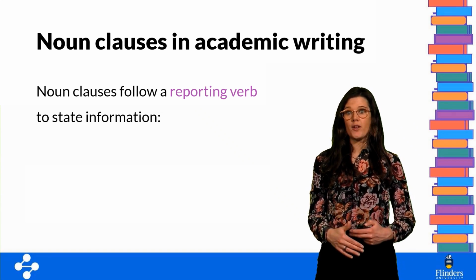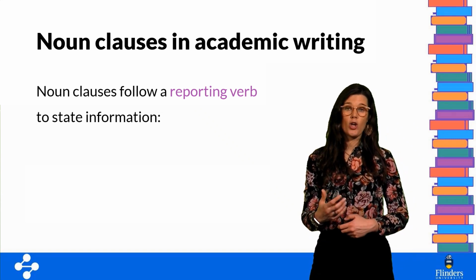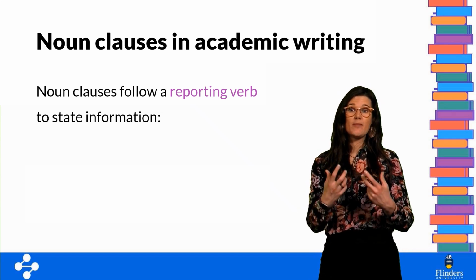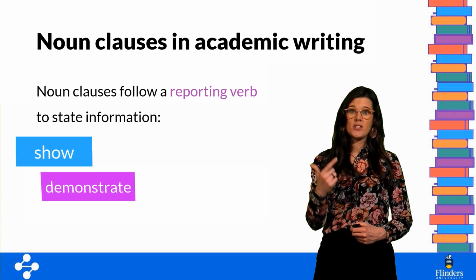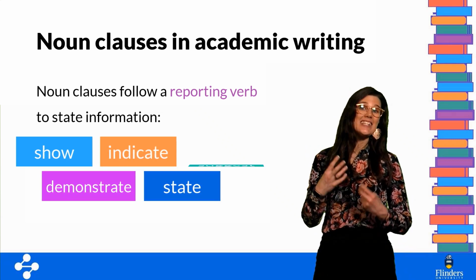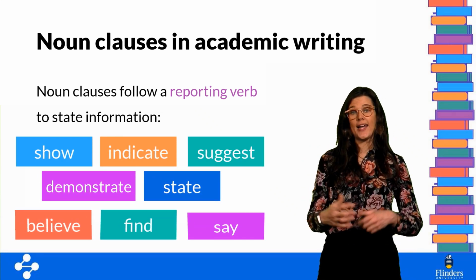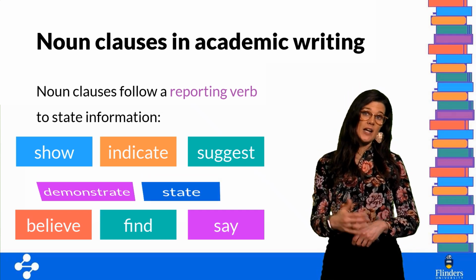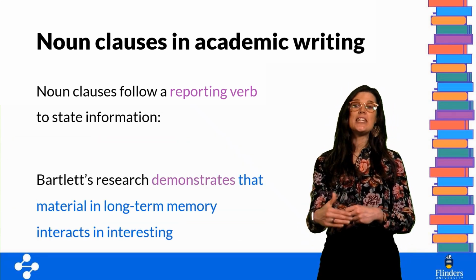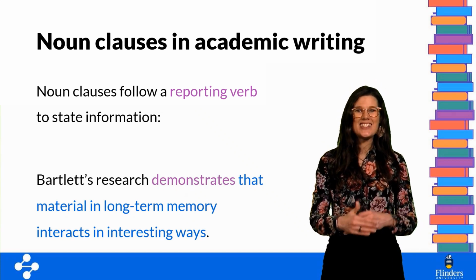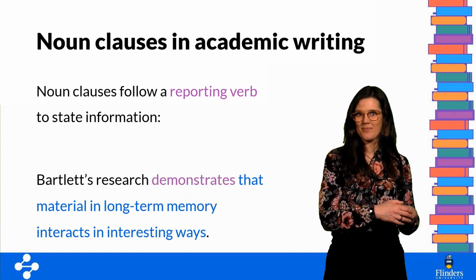So we use them often following a reporting verb when we are stating important information. Verbs like show, demonstrate, indicate, state, suggest, believe, find, or say. For example, Bartlett's research demonstrates that material in long-term memory interacts in interesting ways.